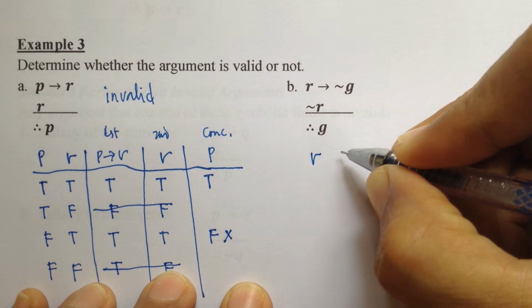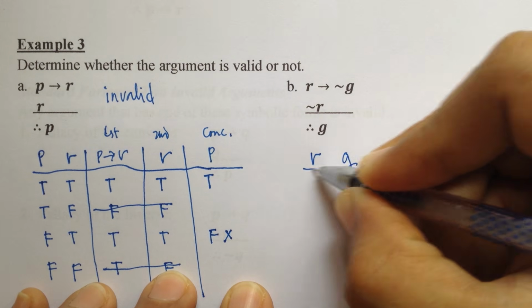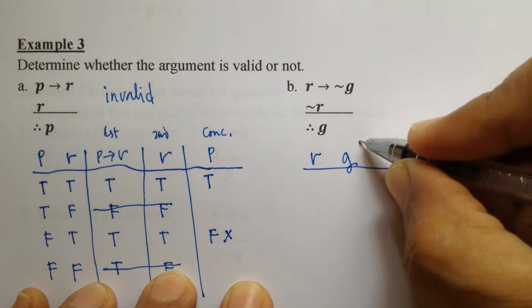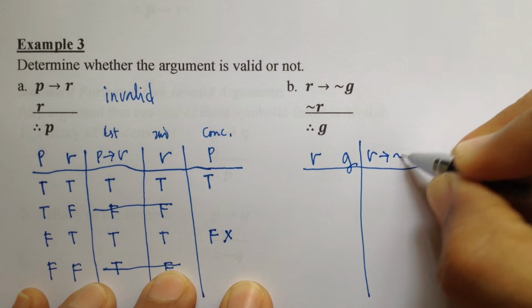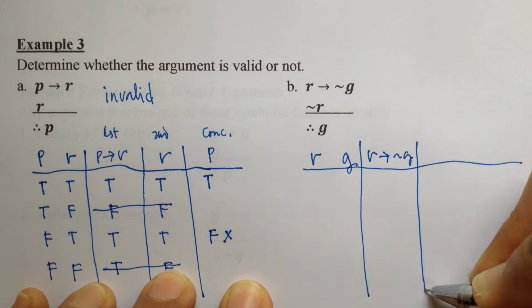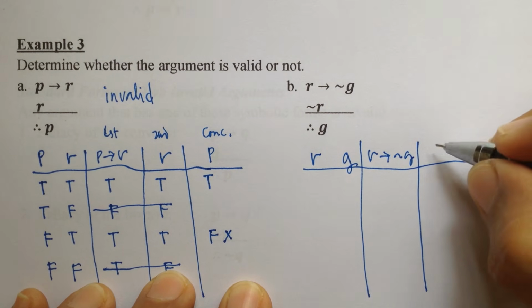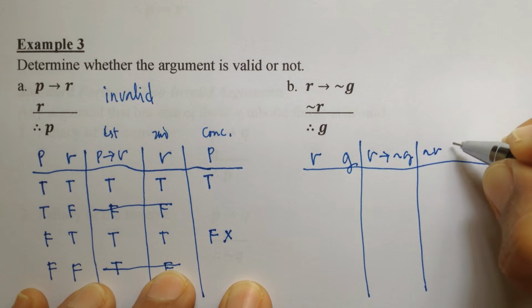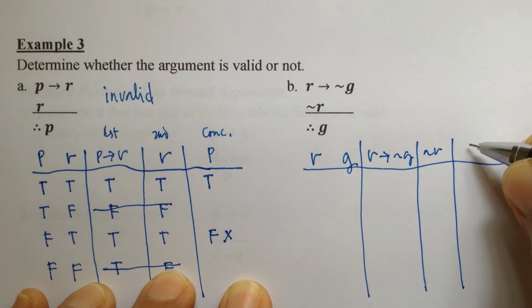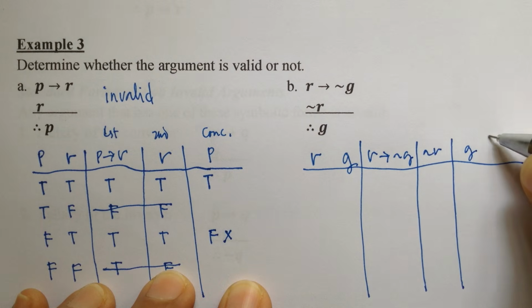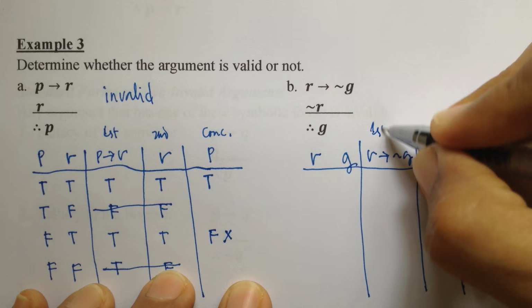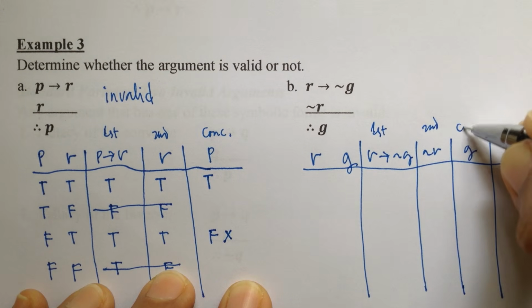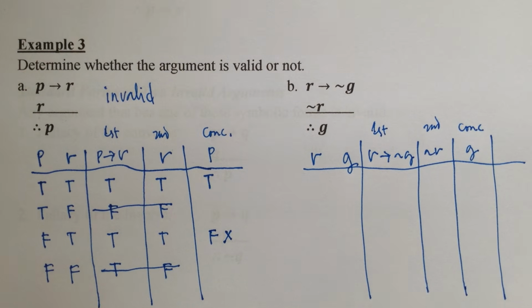You have R and G. Then your first premise is R implies negation of G. Second premise is negation of R. And your conclusion is G. So first premise, second premise, and your conclusion.